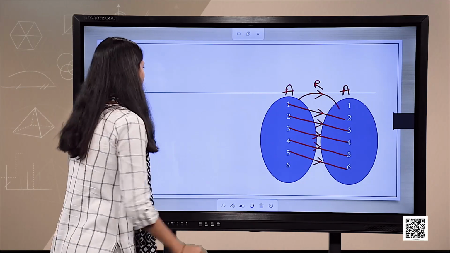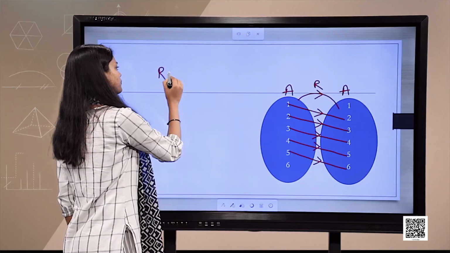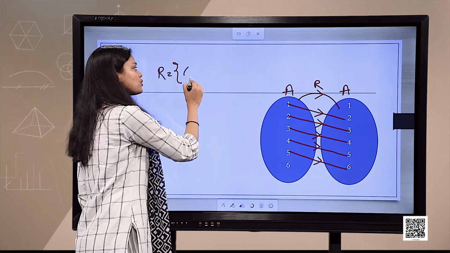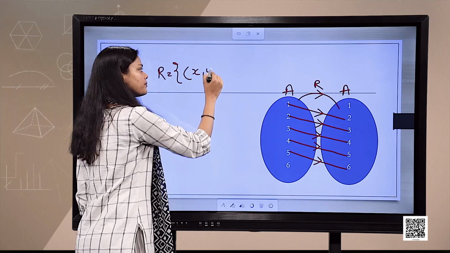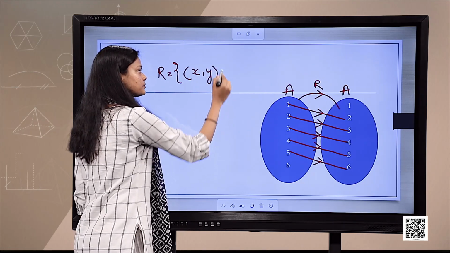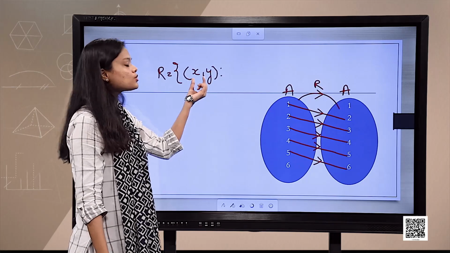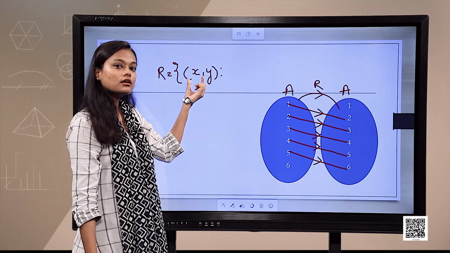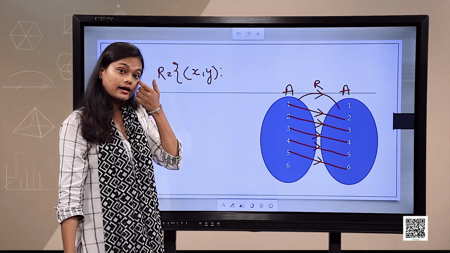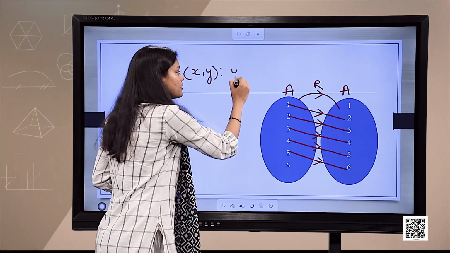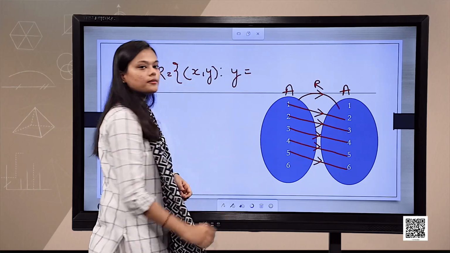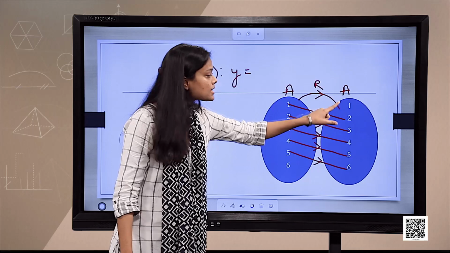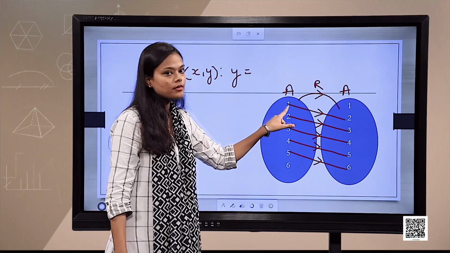Yes, you can. How? See this case. R is a set of all those ordered pairs x and y such that there is a relation between the 2 points or 2 elements. What is the relation? You may notice that the second element is plus 1 of the first element.